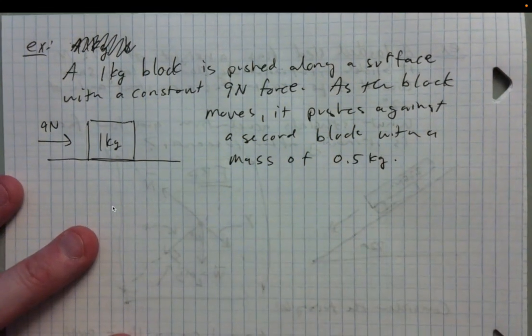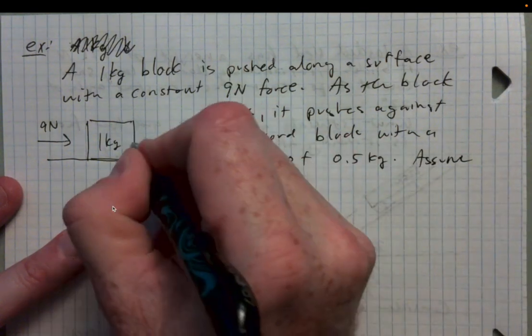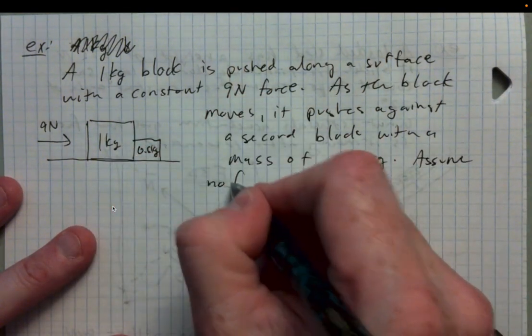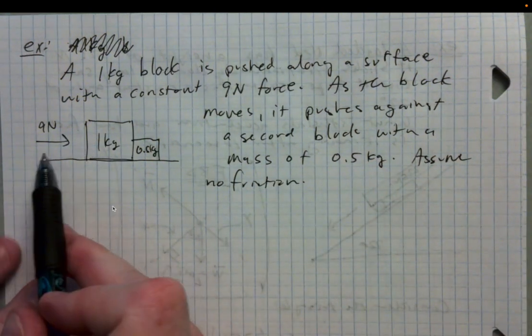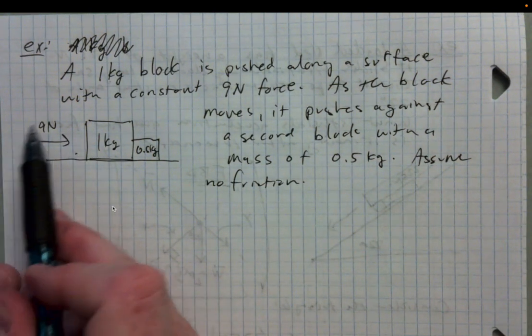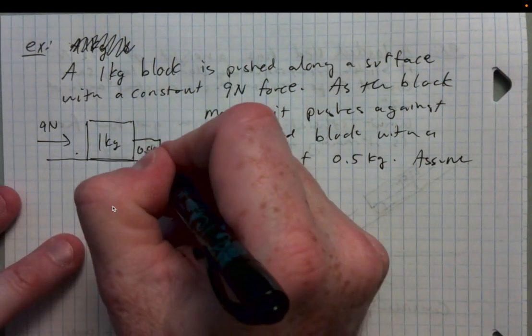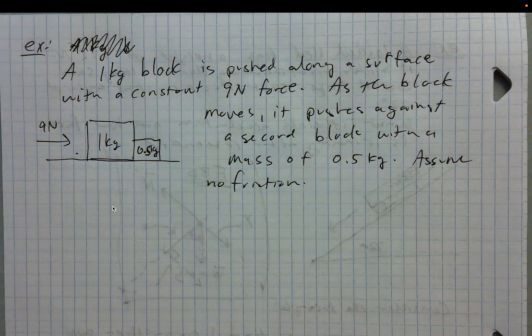Assume no friction. So you've got this 1 kilogram block that you're pushing on with a constant force of 9 newtons. It's pushing on this second block that has half the mass.